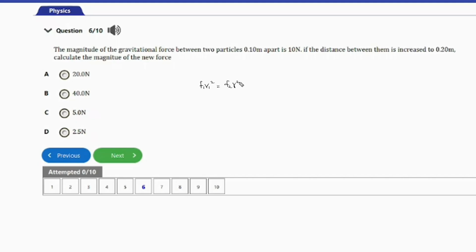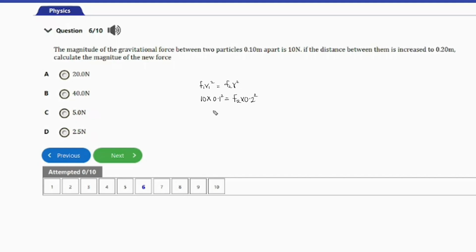So F1 here is the first force, which is 10 newtons, times R1 squared, which is 0.1 squared. Now this will be equal to F2, which is not given, so we'll write that as F2 still, times R2 squared, which is 0.2 squared.